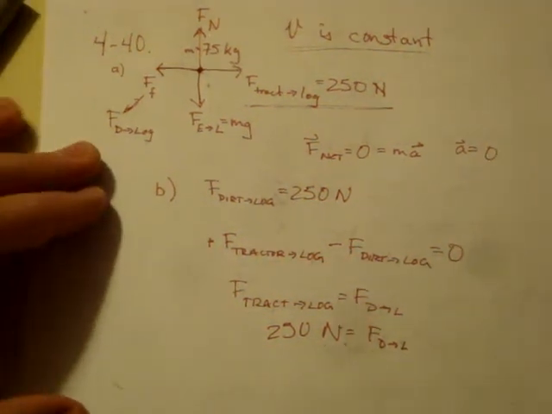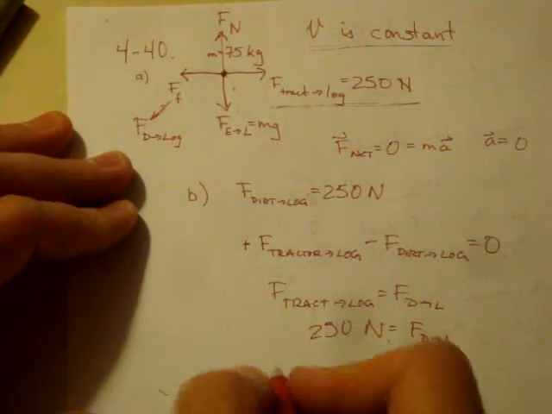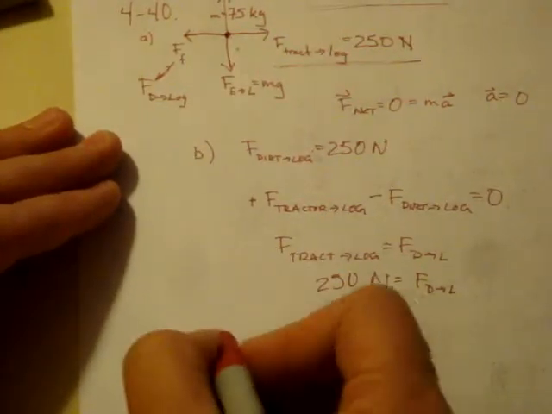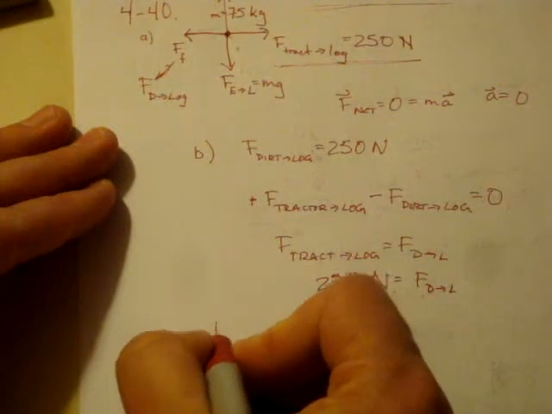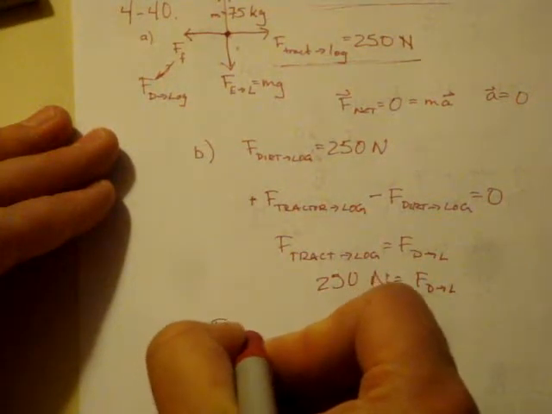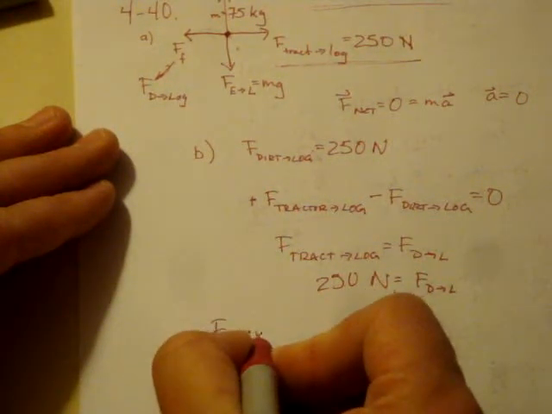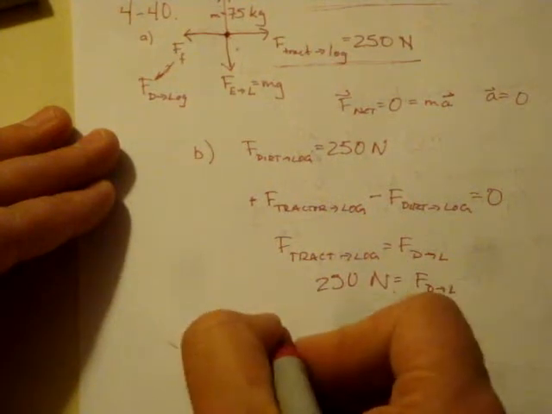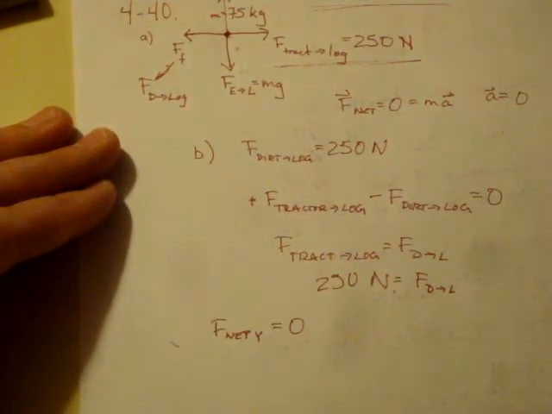So what's the normal force in this case? Well, there's also no acceleration in the vertical direction. So the net force in the y direction is equal to 0 because there's no acceleration.